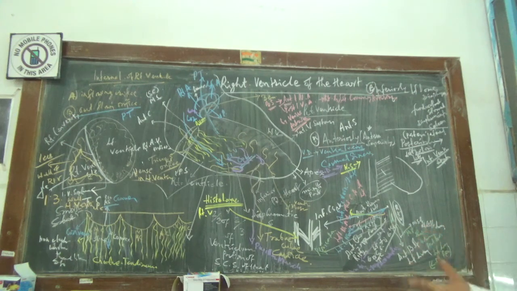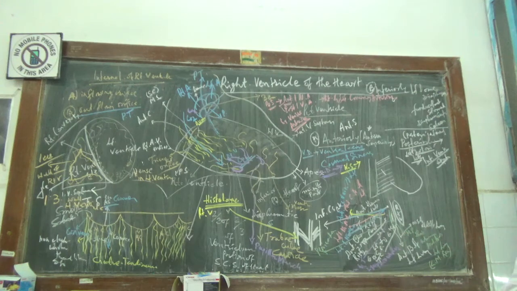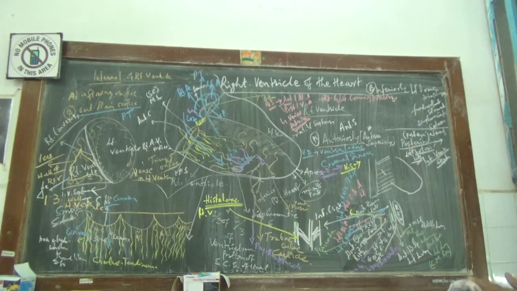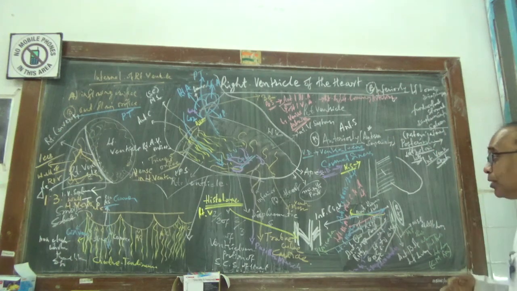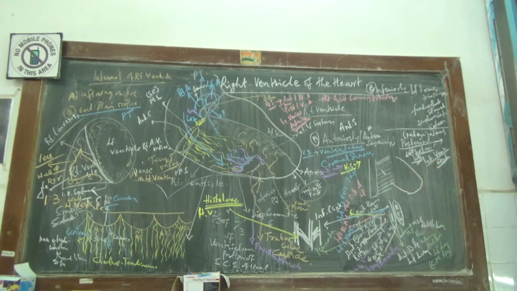It becomes more in size, more bulky. So that is called the hypertrophy of the right ventricle. Left is also there. When you deal with the left, it will come into view. So this is what you should know.